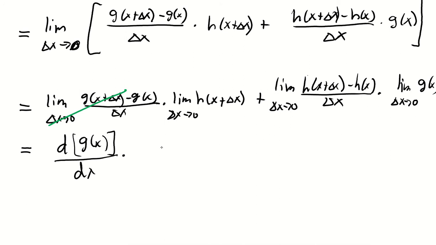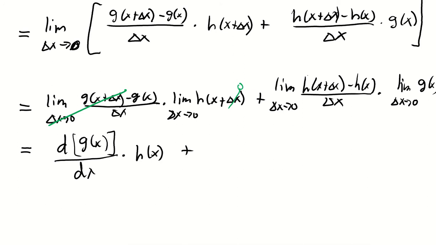Then times the limit of h of x plus delta x. So what happens if we take delta x approaching 0? Delta x will be 0, so what will be the remaining term? It's just h of x.